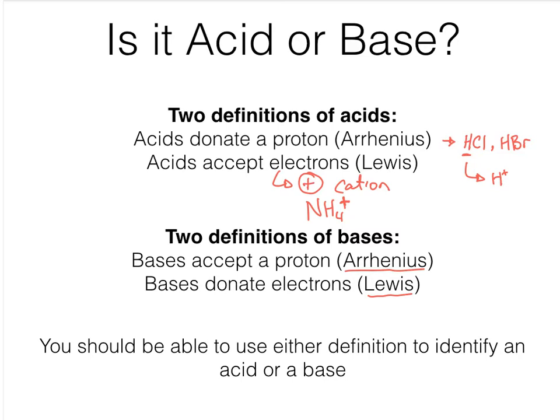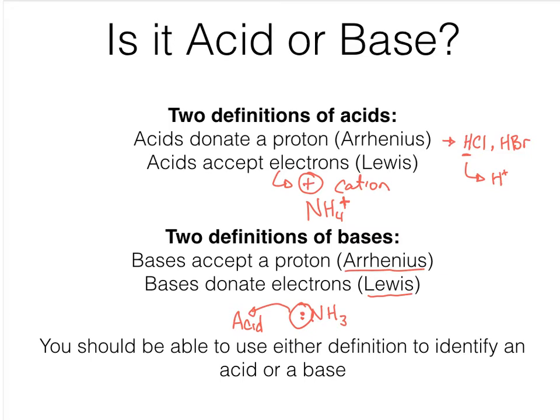The one that we're going to see the most is the Lewis definition of a base. This is something like ammonia that has an extra set of lone pairs, an extra set of electrons, that can be given to another species. In our situations, an acid.